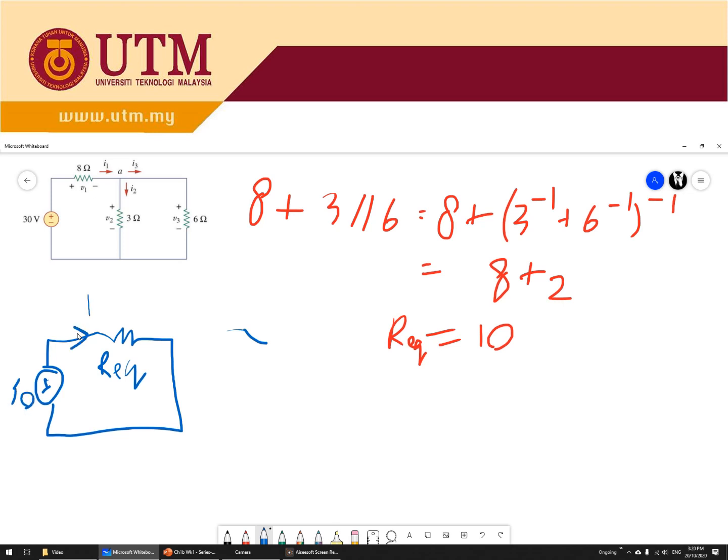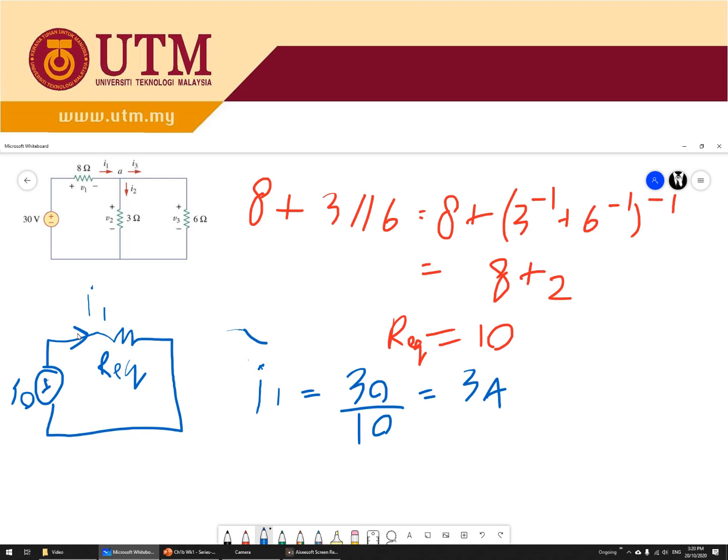This one is I1. So next is to find I1. I1 equals 30 volt divided by 10. So I1 is equal to 3 ampere.